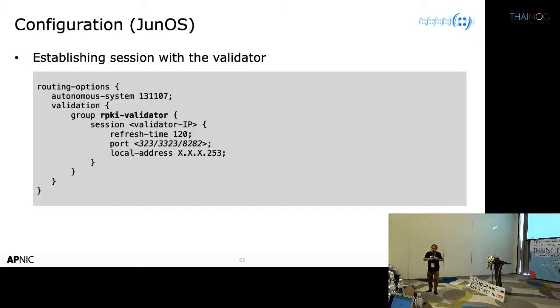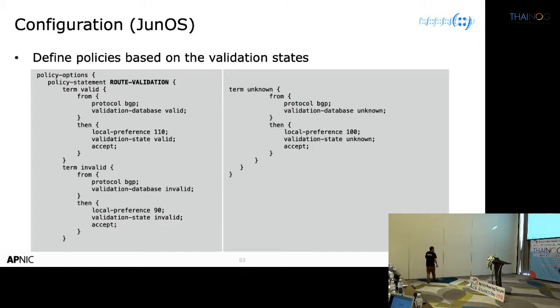So as people create ROAs, you better sync frequently so that you get updated ROAs. And don't worry, it uses rsync, so it won't pull the whole thing, only the new updated ones. So it's not a heavy session. It's a very lightweight session, okay? Specify the port number. You can create the same route map as you saw in Cisco, but in Juniper syntax. Give your valids the highest, your not founds the medium, and your invalids the lowest.